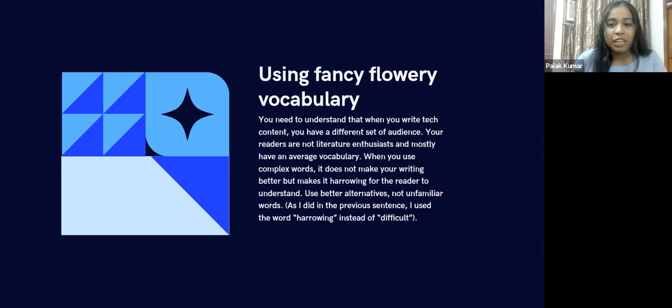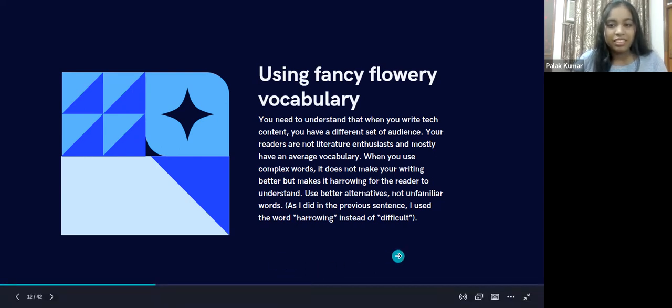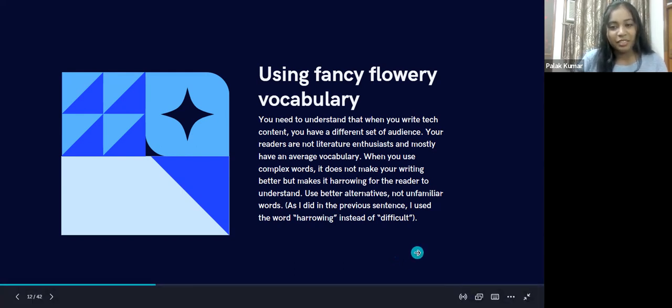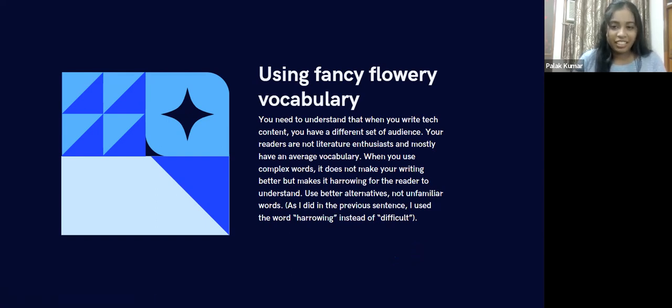When you use complex words, it does not really make your writing better, but actually makes it harrowing for the readers to understand. So you can always use better alternatives, but never use unfamiliar words, just like I did in the previous sentence. I used the word harrowing instead of difficult. So please don't do that in your content.